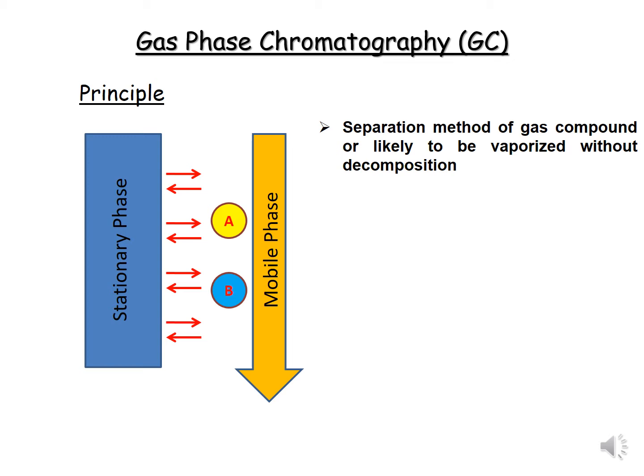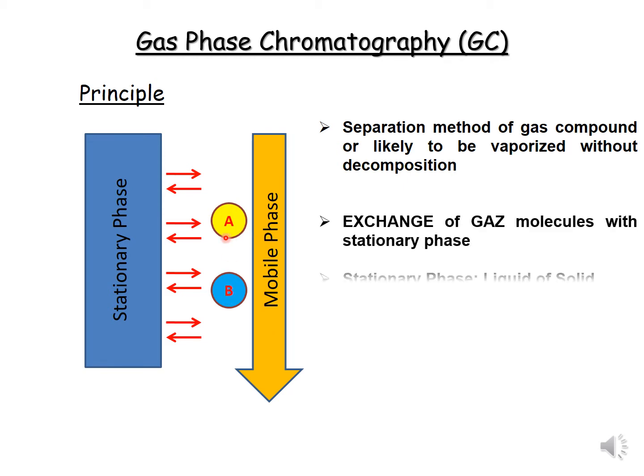Concerning the principle of gas chromatography, this is a separation method for gas compounds or compounds likely to be vaporized without decomposition. Here you have the representation of the system with the stationary phase, the mobile phase, and two different compounds.